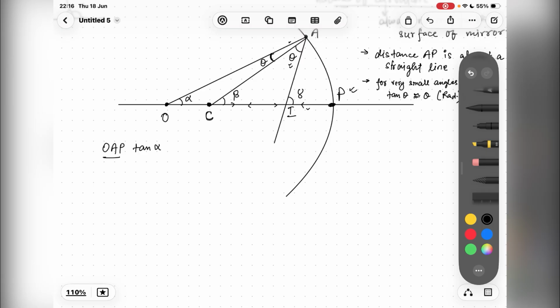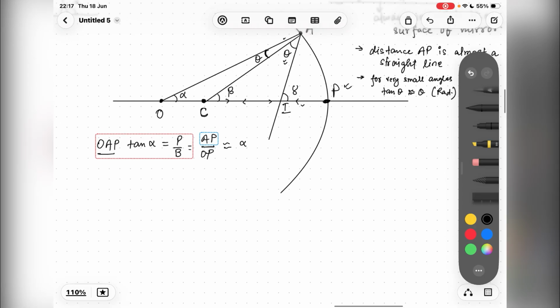Tan alpha is equal to perpendicular by base, and here perpendicular is AP, so AP by base is OP, which is almost equal to alpha because alpha is a very small angle.